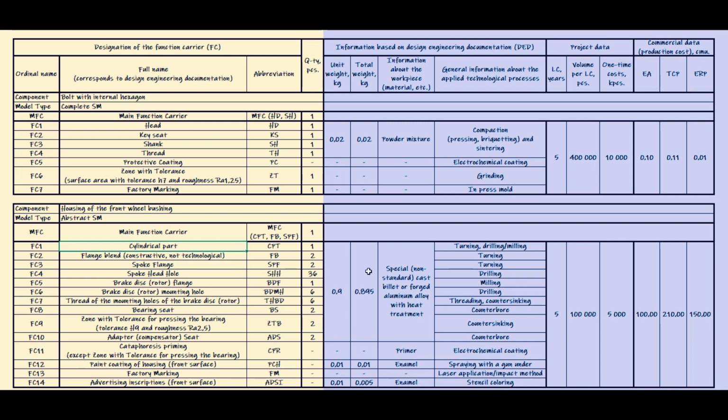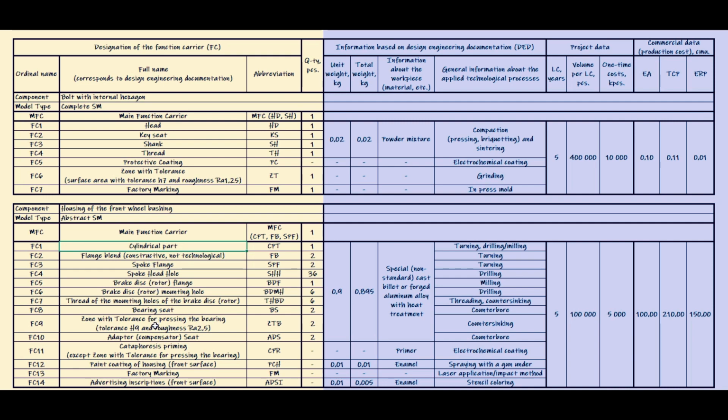In structural and functional models, some of the same type of completely identical carriers of function are designated in the structural model and functional model as one. In this case, we are talking about fillets, only constructive ones, because we do not introduce technological ones into the model.